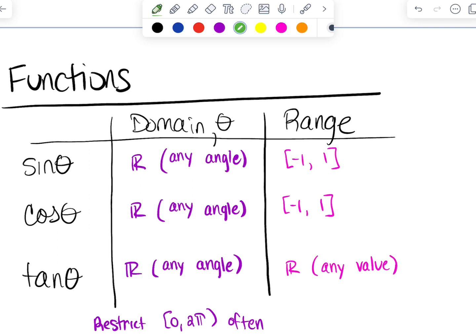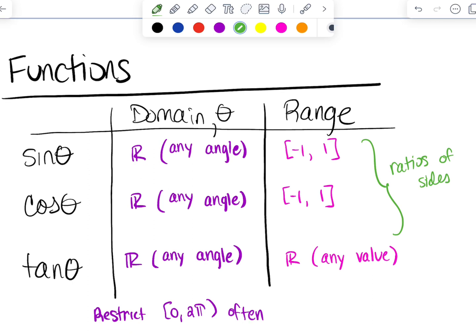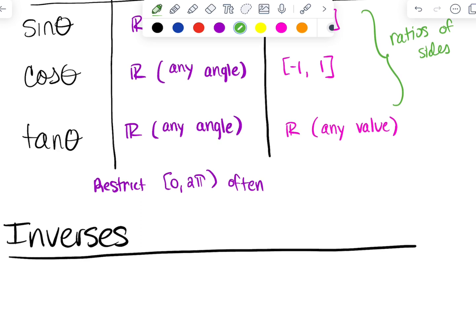The other thing I want to remind you is that all of these things are ratios of side lengths in a triangle, right? Because remember, really what we're dealing with is right triangle trigonometry, okay? So when we switch to the inverses, remember that inverses undo each other.